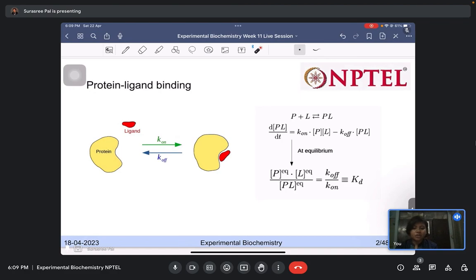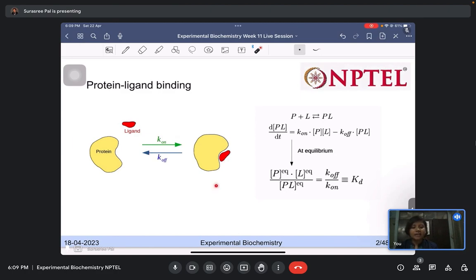So the ligand binds to the protein. This is the association reaction, and the rate constant of this reaction is denoted by K on. So K on is the association constant, the rate constant for the reaction of association.